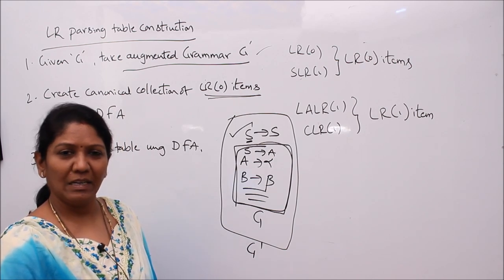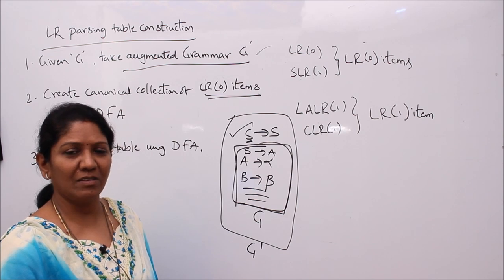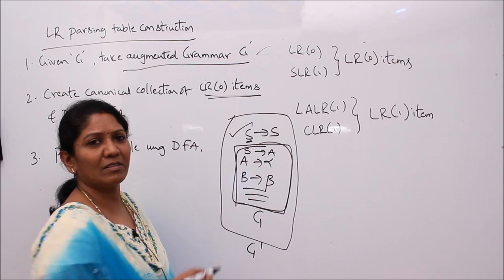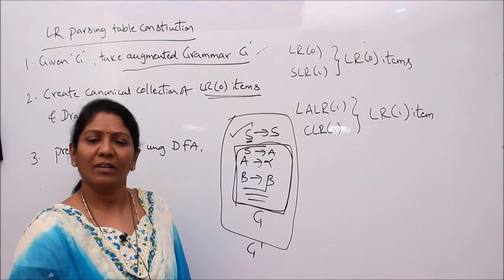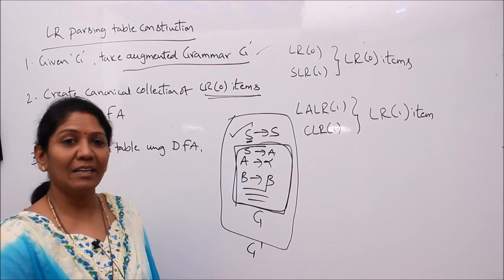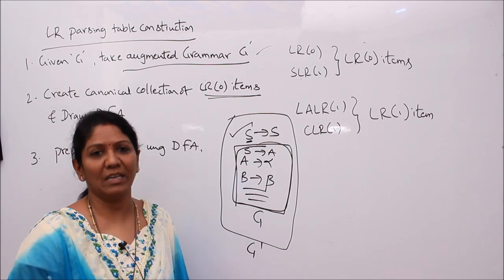Understood? Is writing the augmented grammar difficult? Nothing. If S is the start symbol, simply add S dash to S. If E is the start symbol, add E dash to E. Then it becomes an augmented grammar.